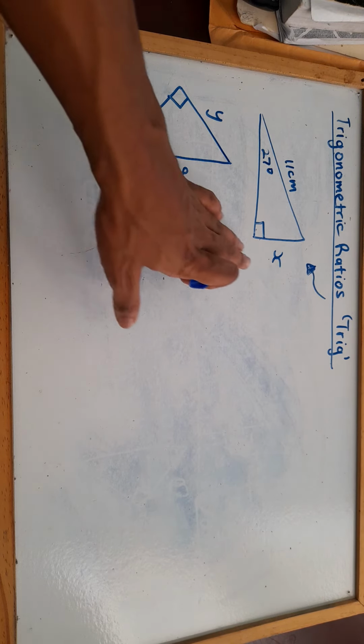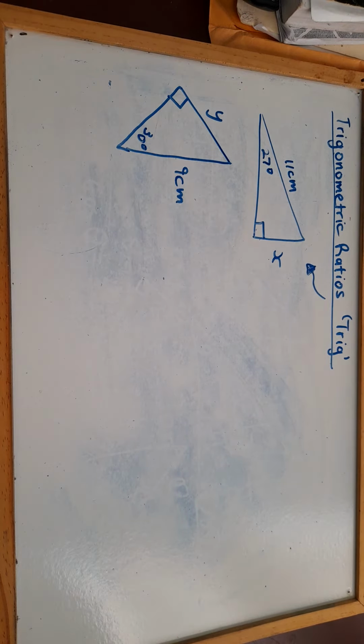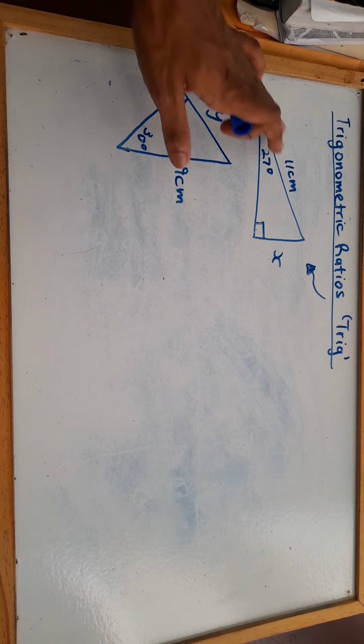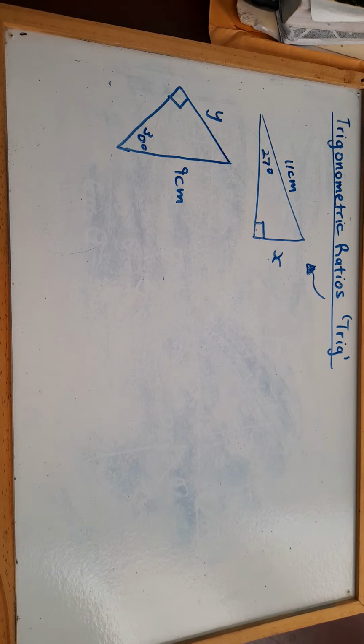So in this case, we need to find the side x. We're given the size of an angle, 27 degrees, and the length of one of the sides. So, common instruction, find x, solve x, you know the gist.